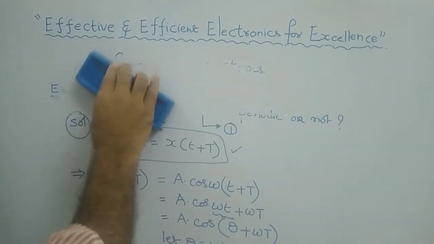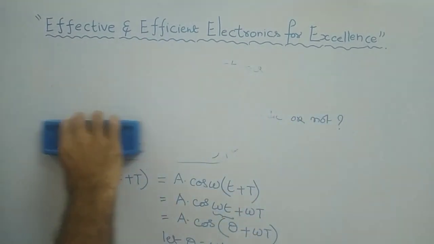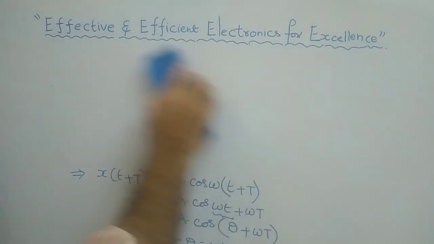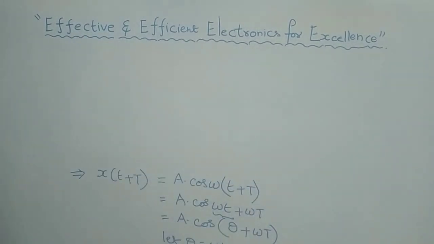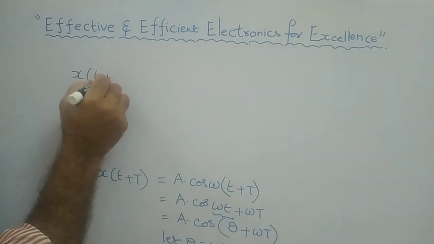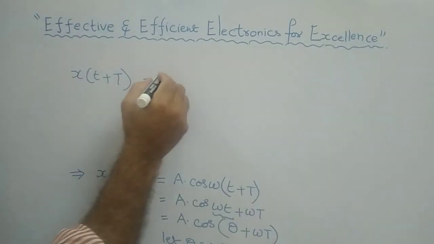So that can be further written as x of small t plus capital T is equal to, what is this?